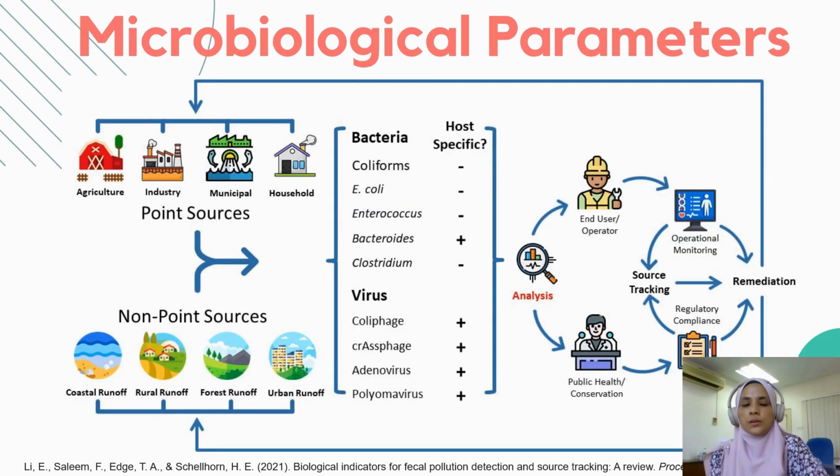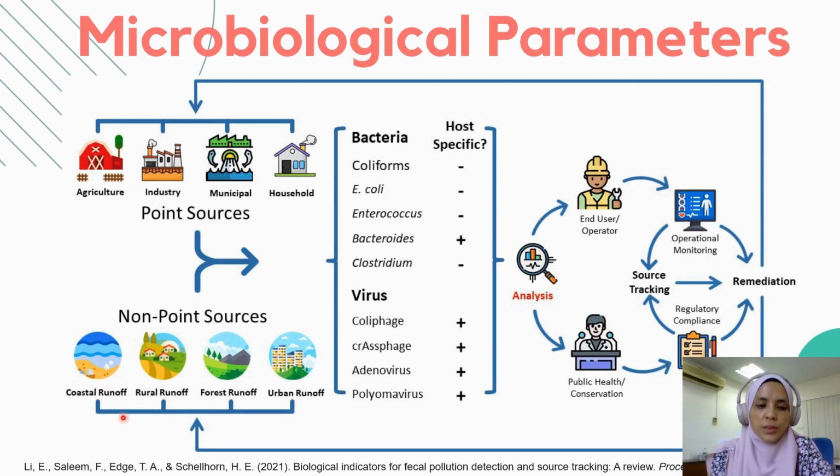Okay, so this is the figure for the sources of fecal contamination, which can come from point sources, which include agricultural activities, industrial activities, municipal and household.